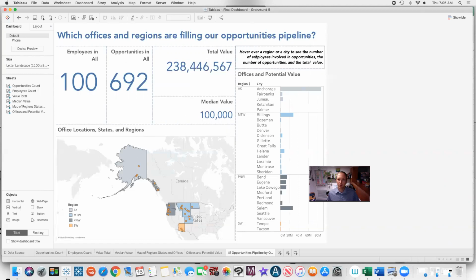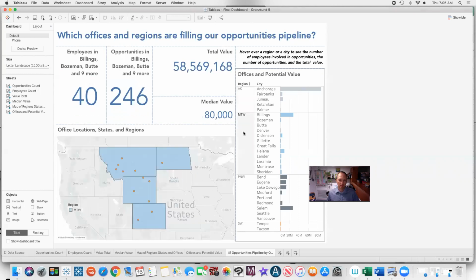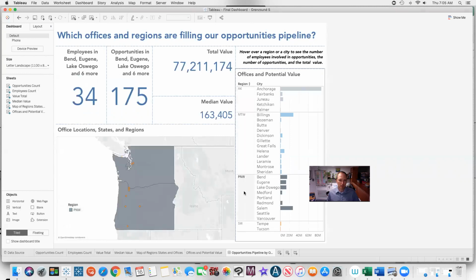And for interactivity and insights, I built this over here where users can hover over a region and get an insight into the number of individuals who are actually pursuing and winning work. It's not total employees, because there's staff delivering the work who don't pursue work. The opportunities, a number of opportunities, the value, and the median value, as well as the visualization of the region and the offices and states in that region.